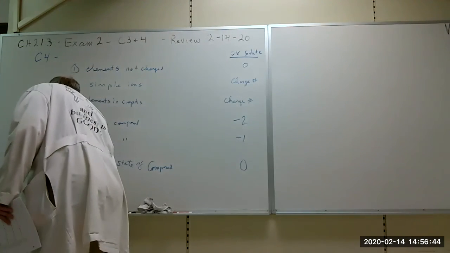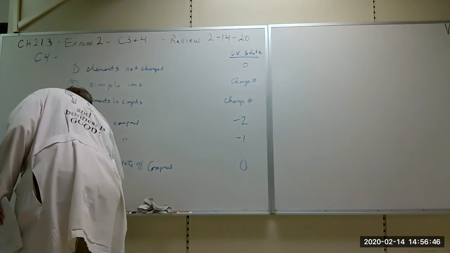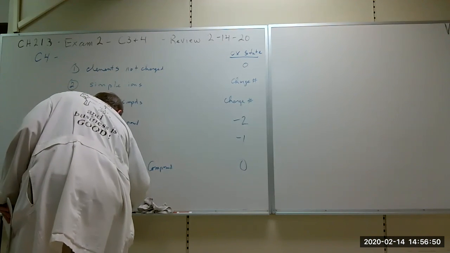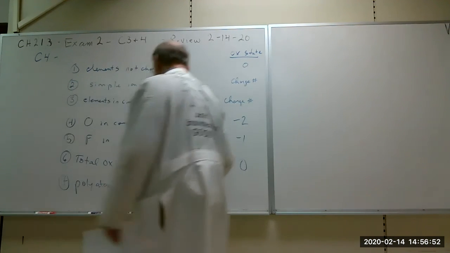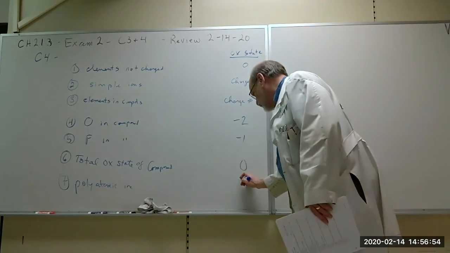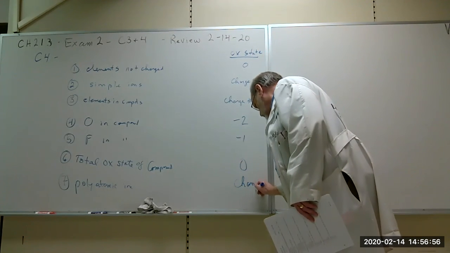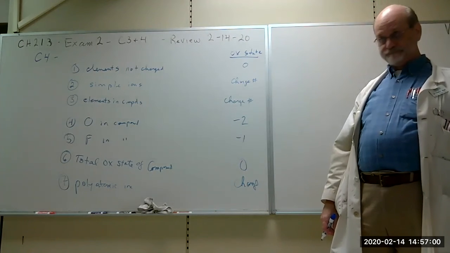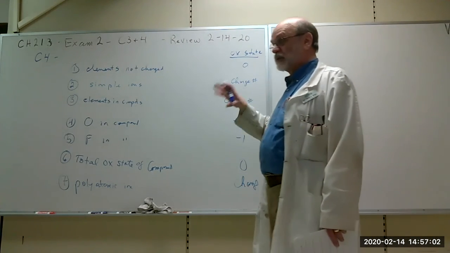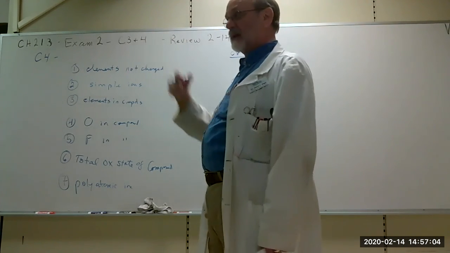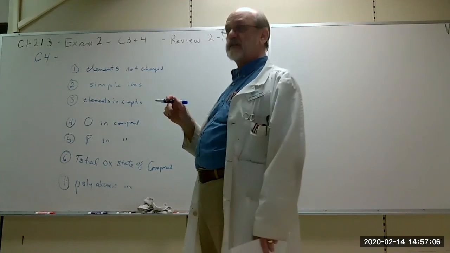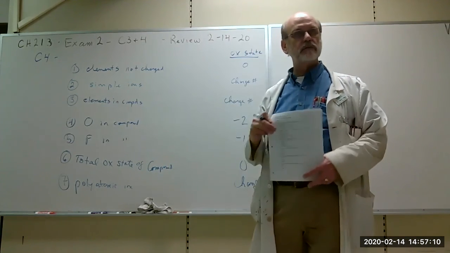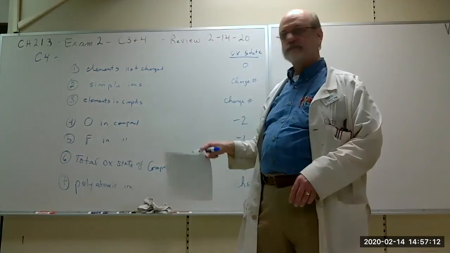And for a polyatomic ion, the total has to add up to the charge on the ion. Okay? With those rules, we should be able to calculate variable oxidation states on any of our other elements.